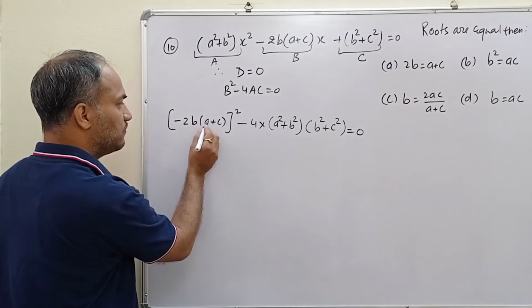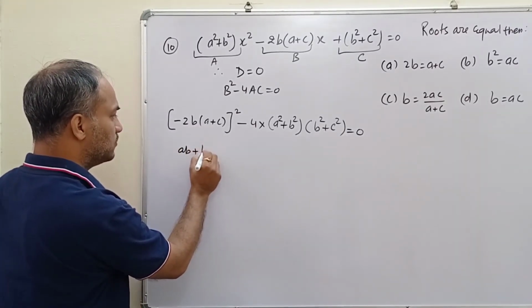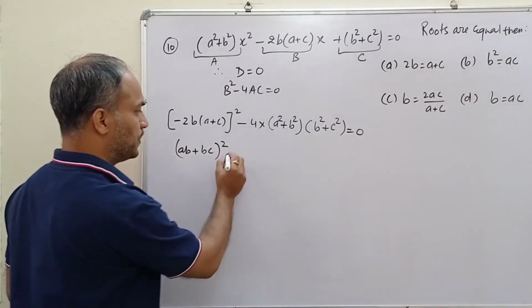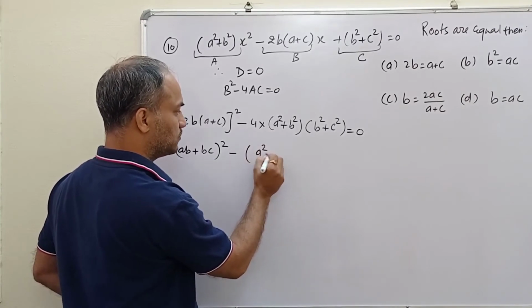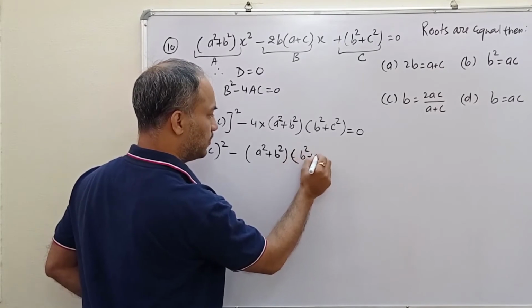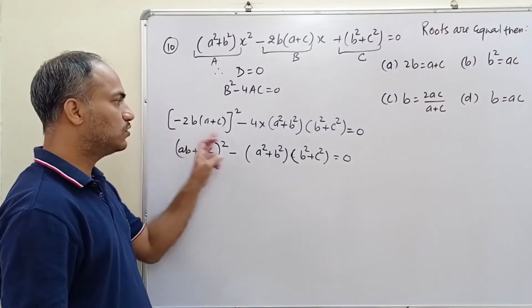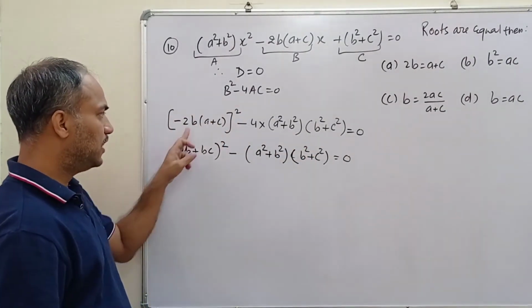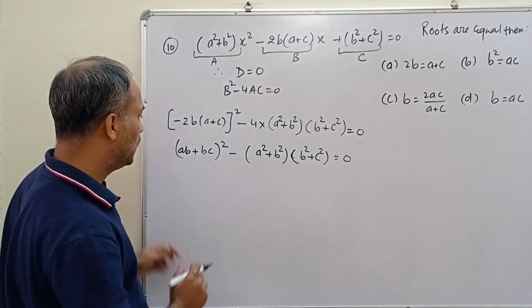So b will get multiplied inside. So this is (ab plus bc) whole square minus (a square plus b square) into (b square plus c square) equal to 0. So what we have done? We have divided throughout by 4. Negative square we have written positive, and this small bracket we have opened. Okay, 3 things we have done.